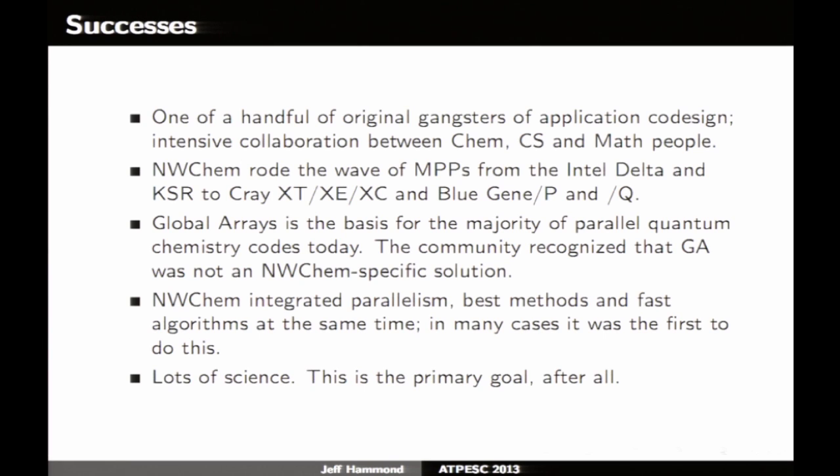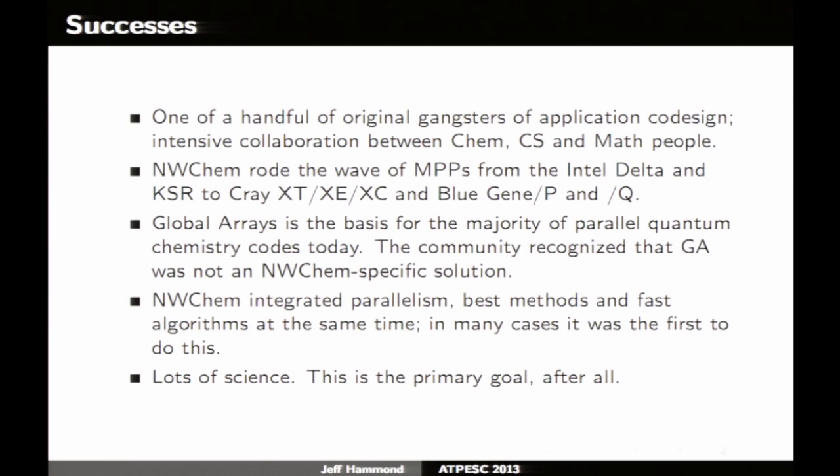I don't know many codes that have ridden the wave of MPPs all the way from the Intel Delta, which Paul knows a lot about, I believe. I don't know if anybody else in the room does. And then KSR, a platform you can read about on Wikipedia, all the way to the modern Cray and Blue Gene series.